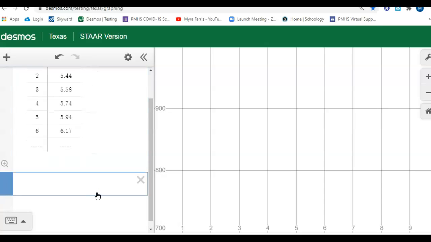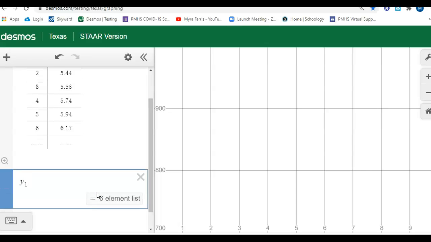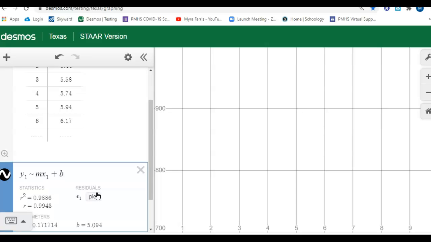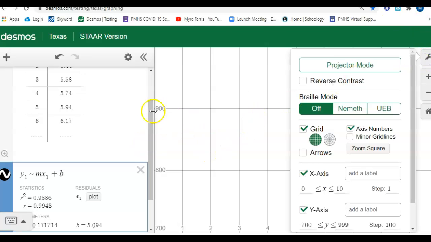Now we need to make our line of best fit. Y1, shift, approximate, MX1 plus B. If you want to look at the data points, we would have to change this again.